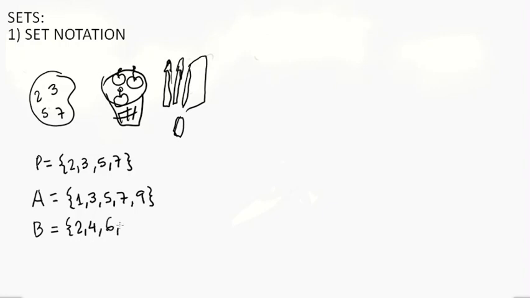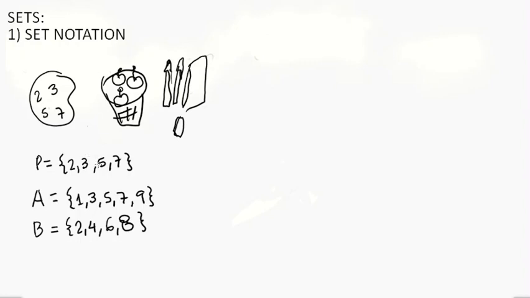Since I'm saying less than 10, 10 is equal to 10, it's not less than 10, so 10 would not be in that set. So I've got here P is the set of 2, 3, 5, and 7, A is the set of 1, 3, 5, 7, and 9, and B is the set of 2, 4, 6, and 8. And if you remember, we have chosen those numbers because they are prime numbers less than 10. Here there are the odd numbers less than 10, and here even numbers less than 10.